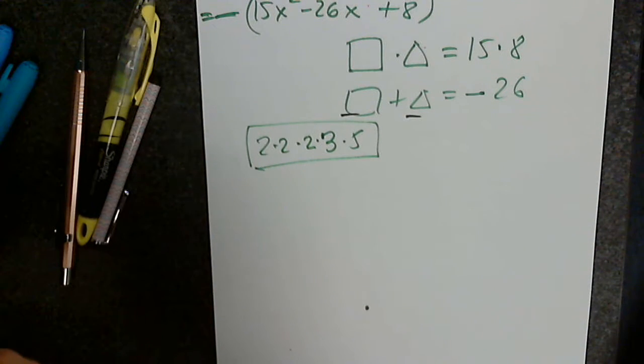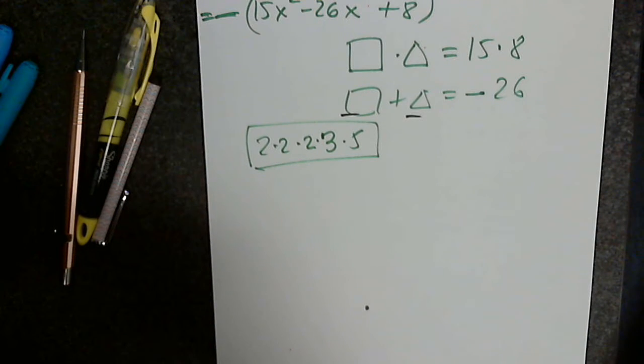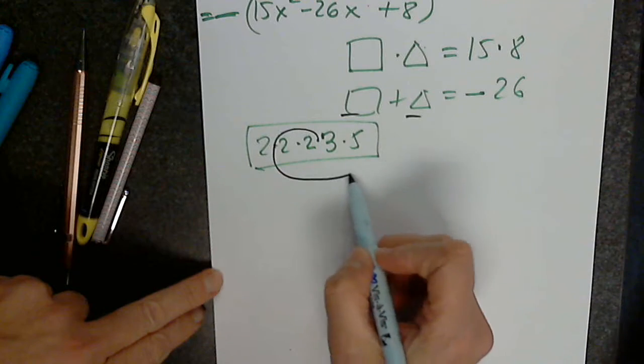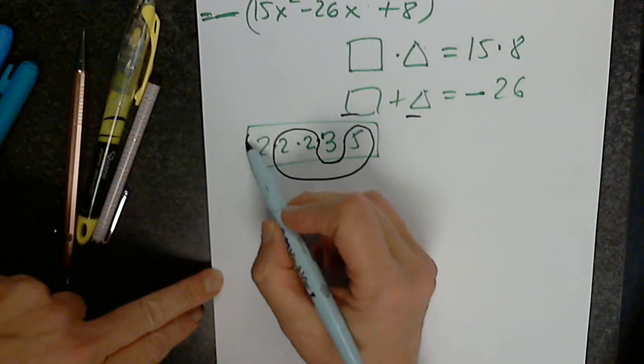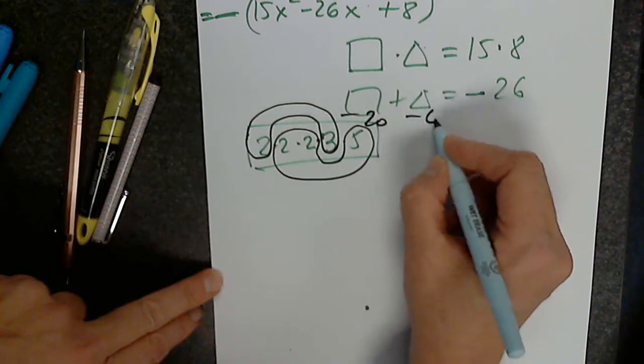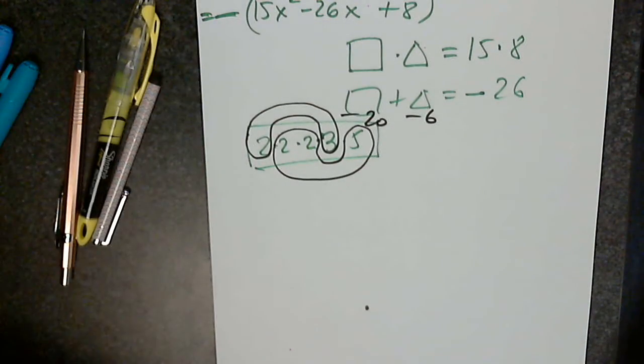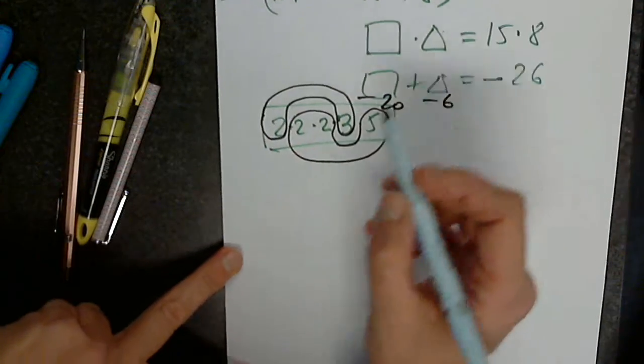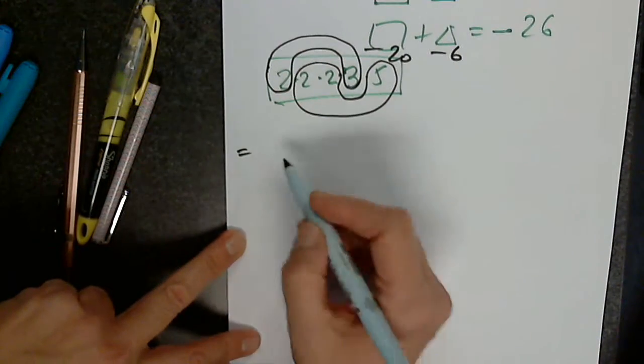So negative 20, which will be this, and negative 6, which will be this. Negative 20 and negative 6. Very good. So now can anyone dictate the next step?